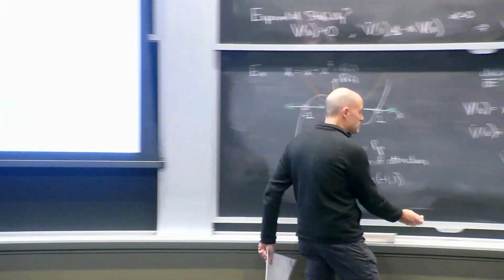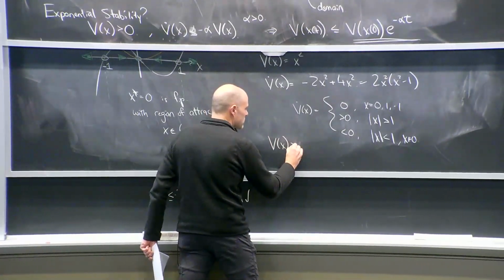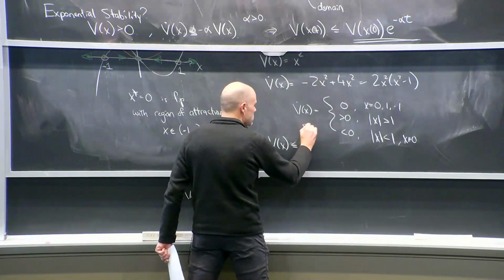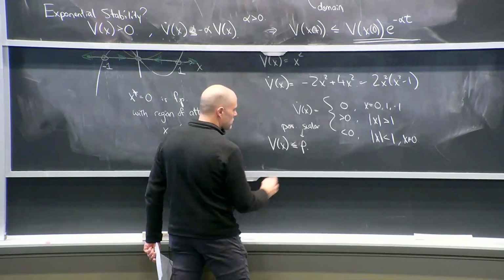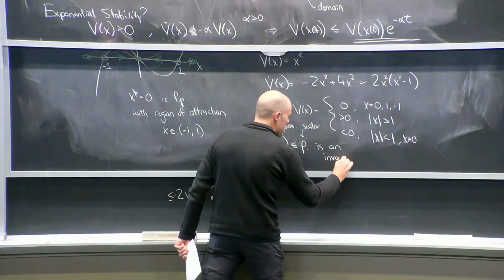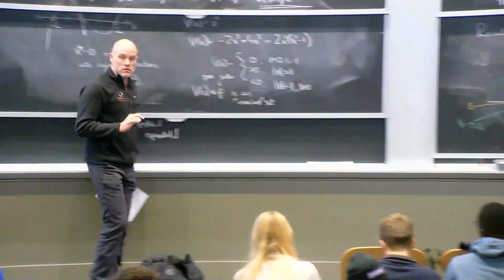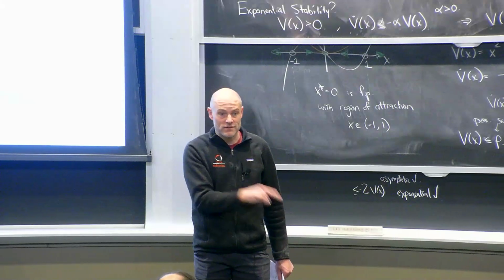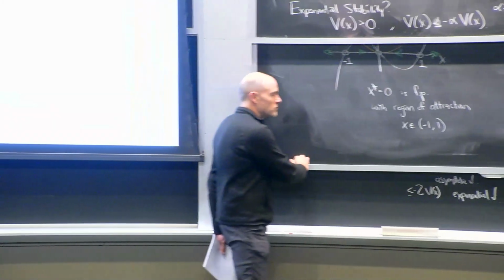So I can say that if I pick some positive rho, a scalar, the set where V of x is less than rho is an invariant set. If you go into that set, the dynamics will never let you leave. It is invariant.